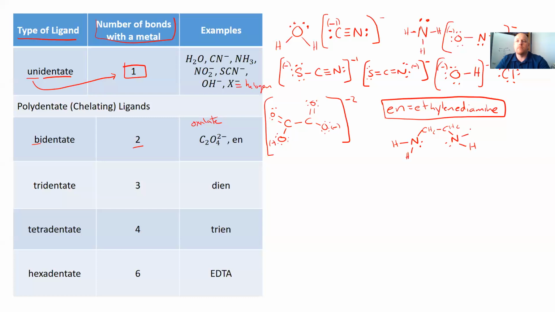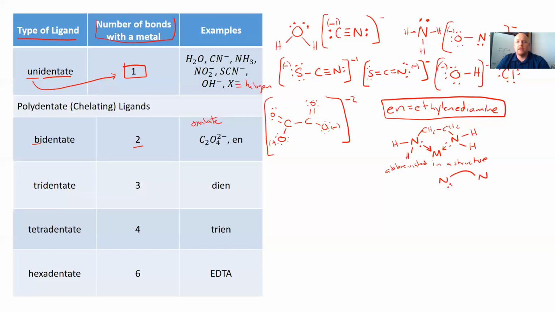When it comes to forming a bond with a metal, the lone pairs of electrons can be donated through either of those two nitrogens. That's how you get an ethylene diamine. Now this is often abbreviated in a structure as this.